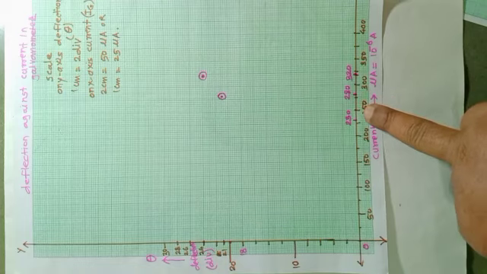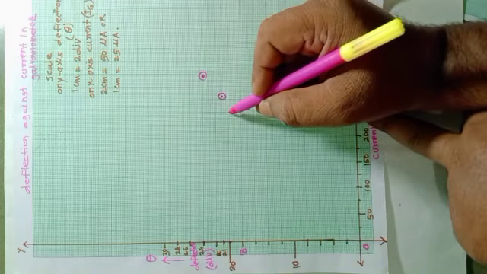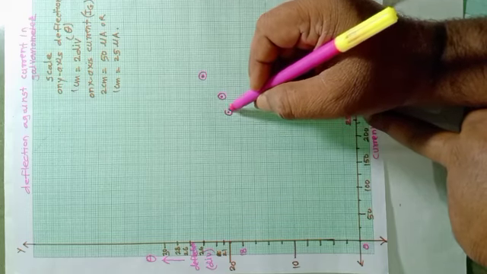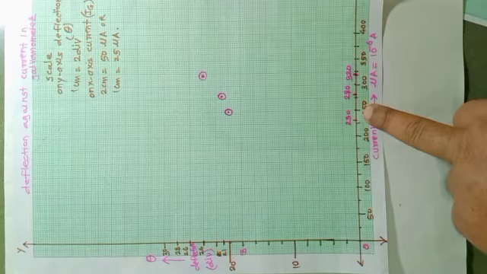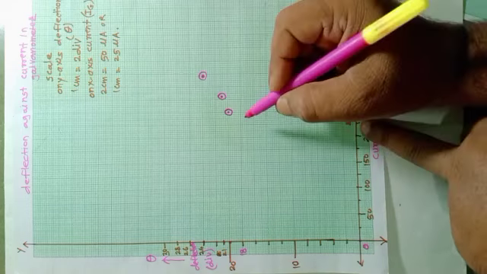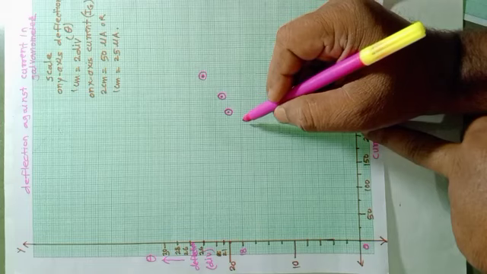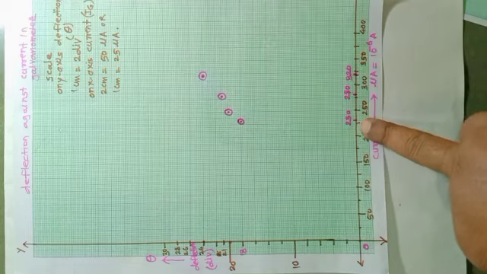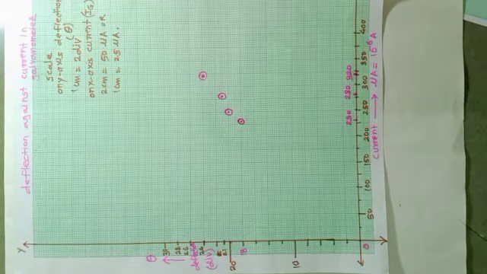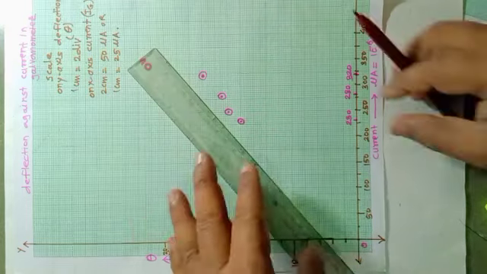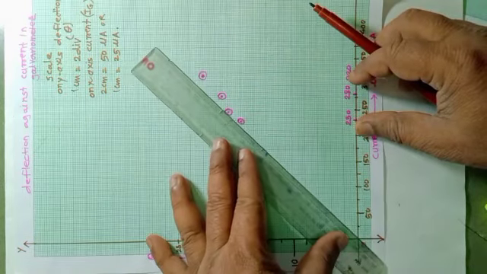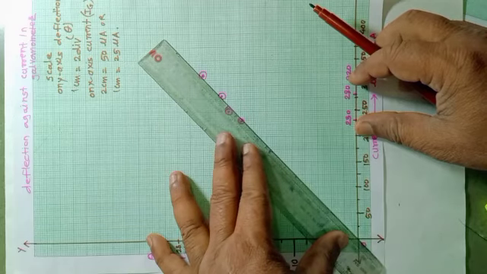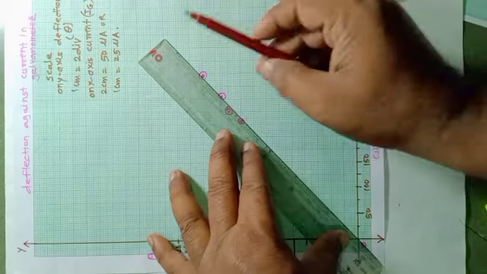Again 250, 20 is the deflection in moving coil galvanometer. And lastly for 230, here 18 will be the deflection in the galvanometer. So if we draw a straight line passing through origin, see here the points must come in a straight line.